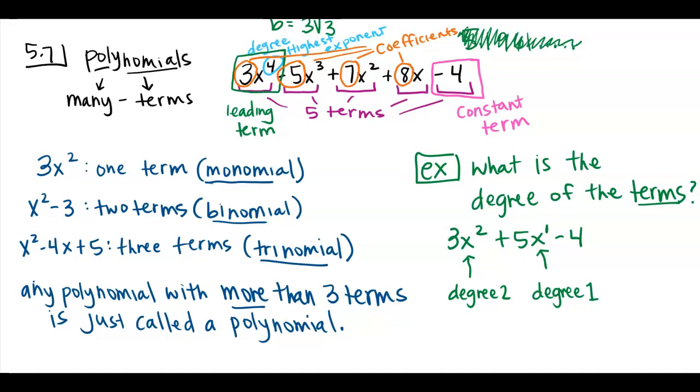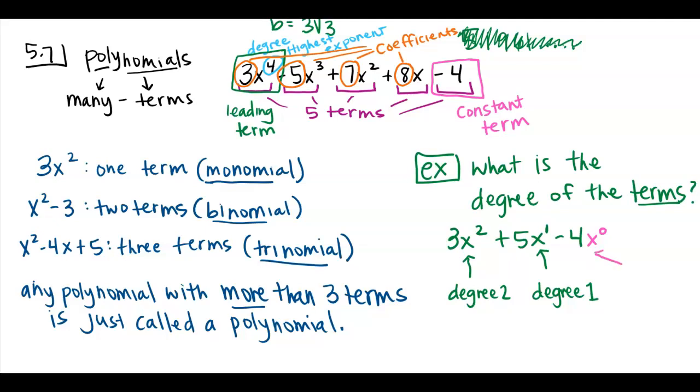And this one, let me put this in a different color, we really could say is like x to the 0 power. Remember when we talked about the properties of exponents, anything raised to the 0 power is just 1? And so that's why we don't put that x to the 0 power there, because it is just a 1.